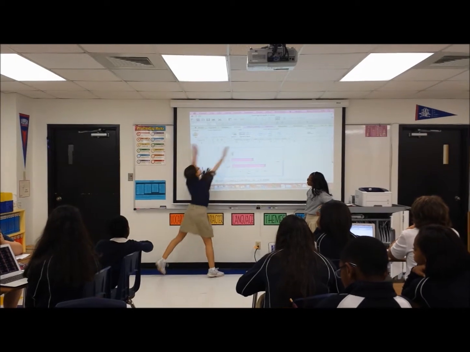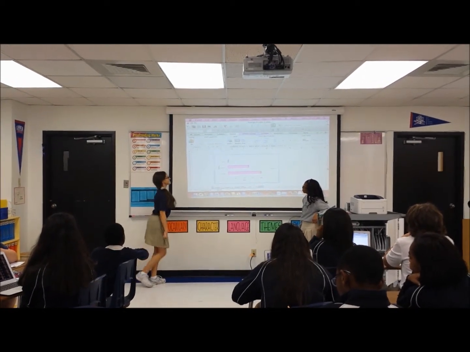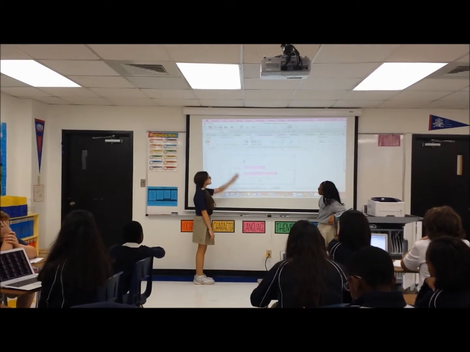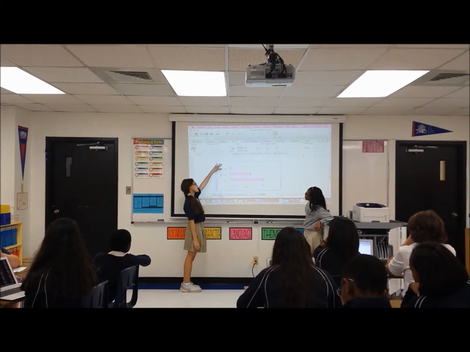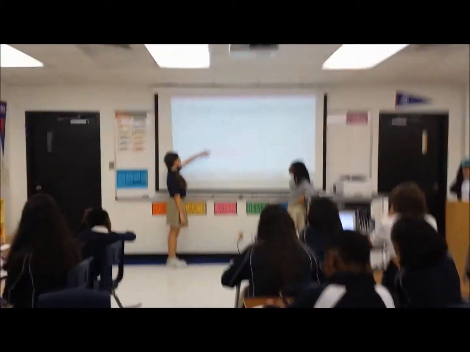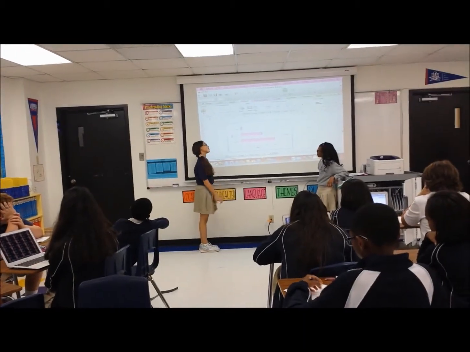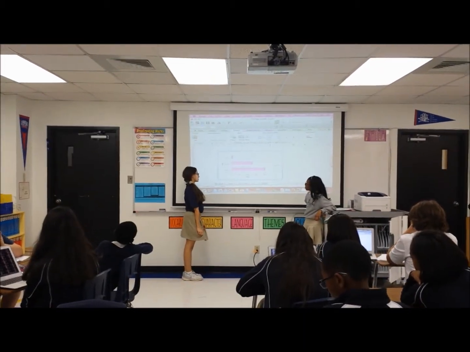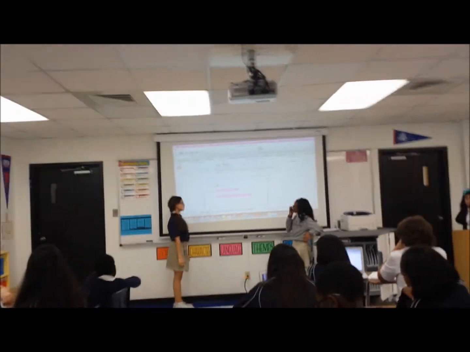Okay, this is our second graph. As you can see, this one, November 1st didn't get as much as October 31st and October 30th. As much what? Kilowatt hours. From energy.